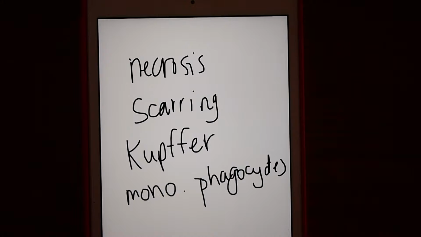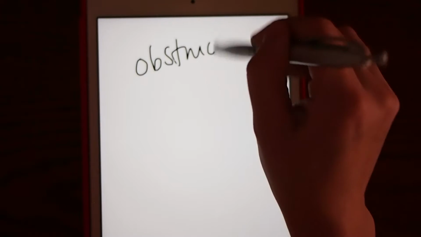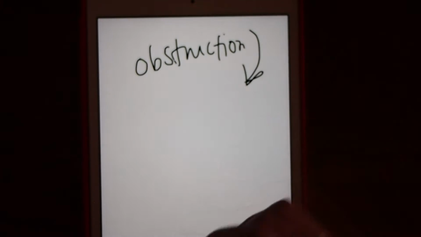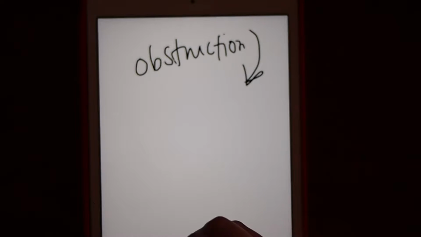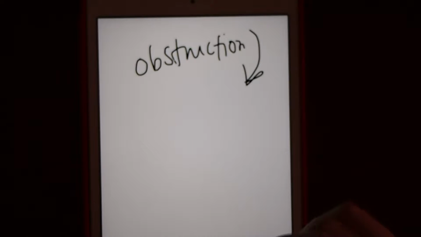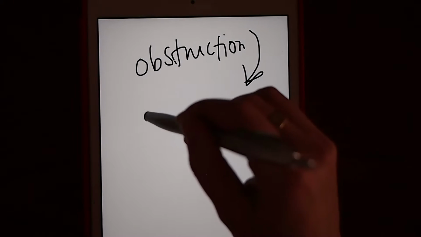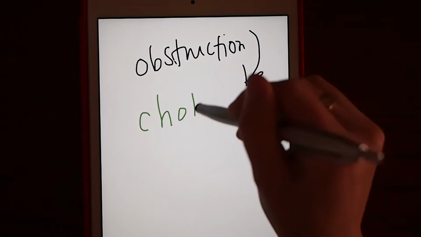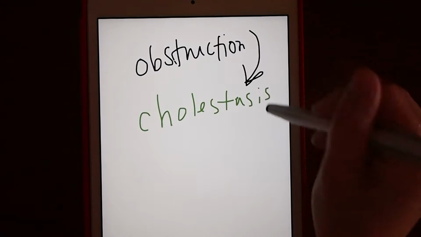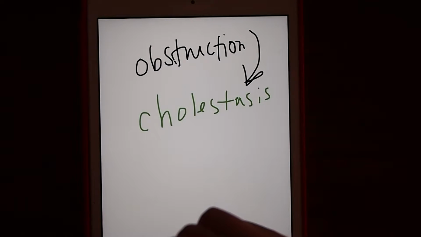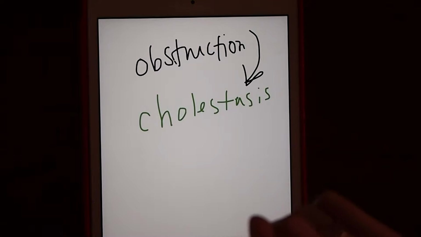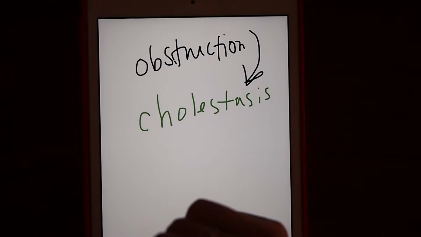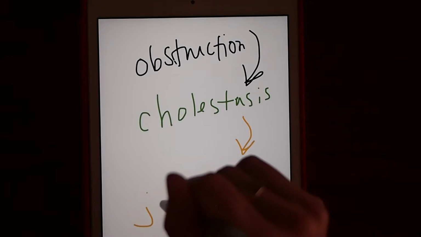All of this can lead to obstructed bile ducts. Obstruction leads to, as you might have guessed, cholestasis in the liver, which leads to obstructive jaundice.